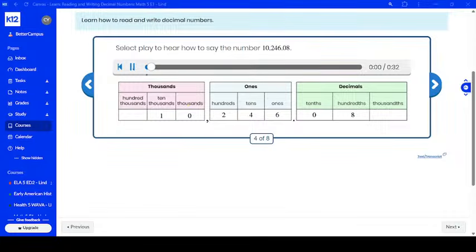Remember, when you read a whole number alone, you don't say the word and. So when you read the whole number portion of a decimal number, you don't say the word and. You only say the word and to signal that there is a decimal point. Listen to the number again. 10,246 and 8 hundredths.